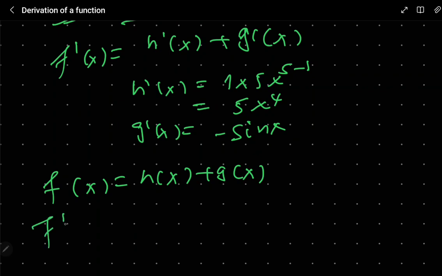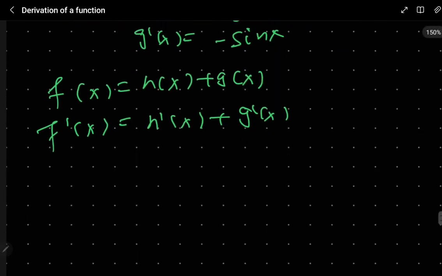So what is f derivative of x? So f derivative of x is h derivative of x plus g derivative of x, okay? So h derivative of x is how much? It is 5 times x to the power of 4, right? The other, g derivative of x, is plus the negative of sine x, okay?